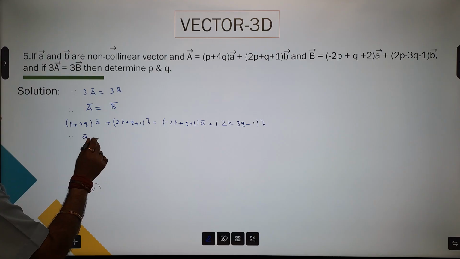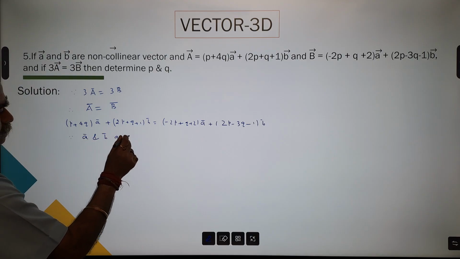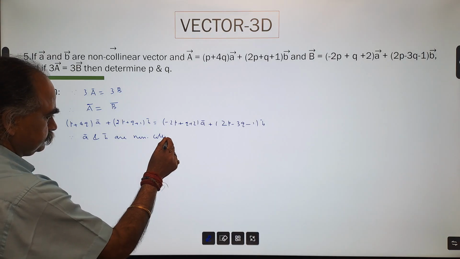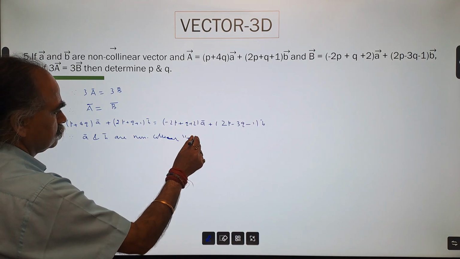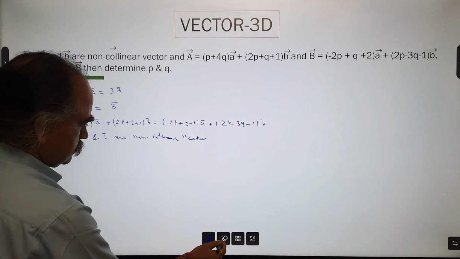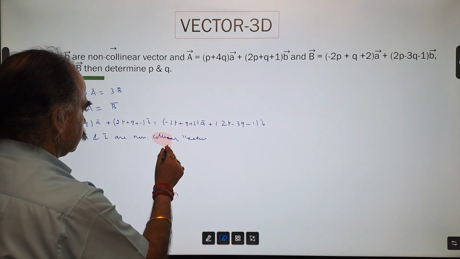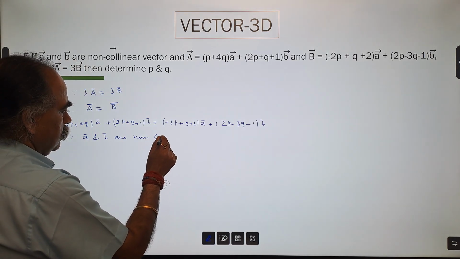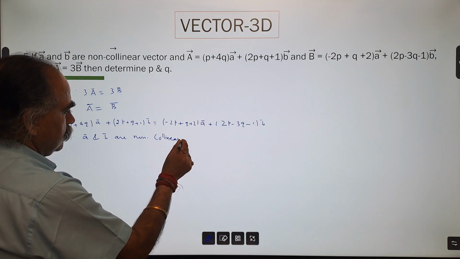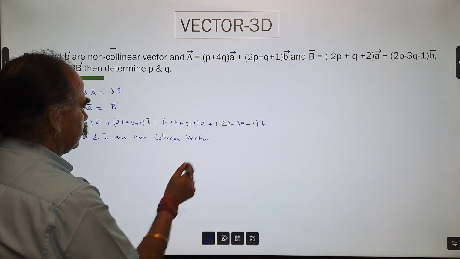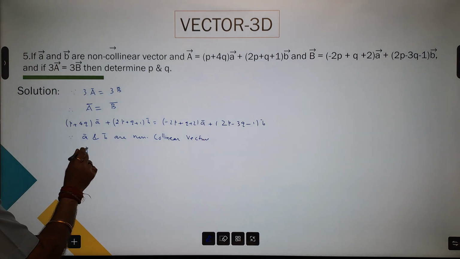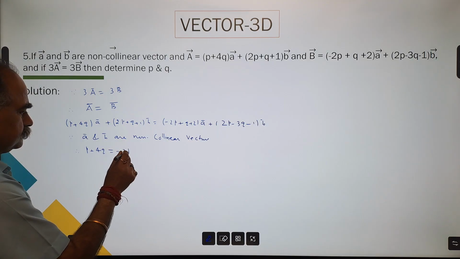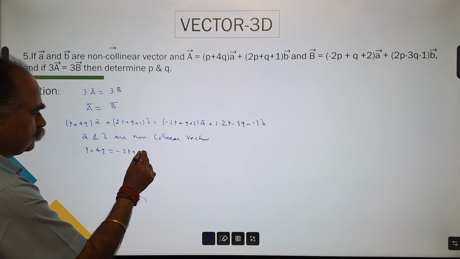Since a bar and b bar are non-collinear vectors, therefore P plus 4Q is equal to minus 2P plus Q plus 2.